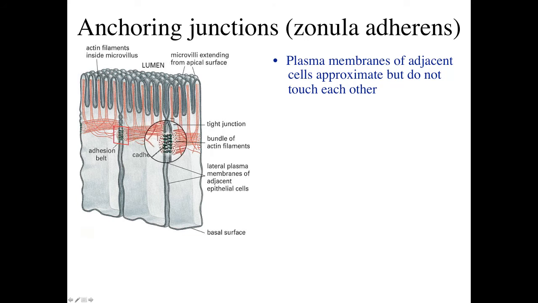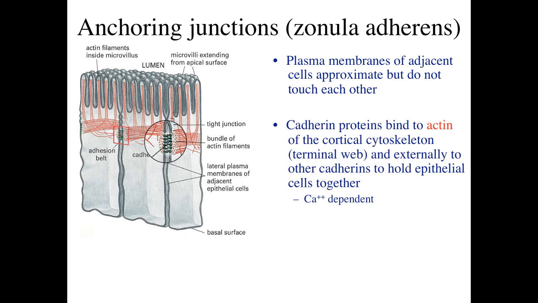There's actually going to be a space between the cell membranes. The cadherin proteins bind to actin of the cortical cytoskeleton, the so-called terminal web, and externally to other cadherins to hold epithelial cells together. So these junctions are calcium dependent.